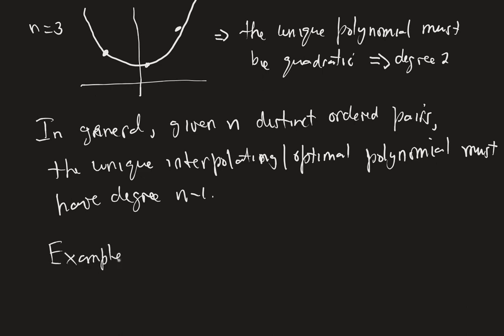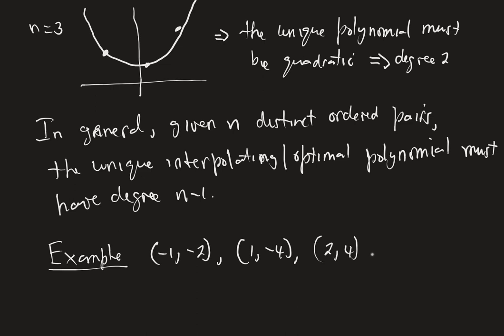I'm just going to give the ordered pairs, and let's do one with 3. So let's say it passes through (-1, 2), (1, -4), and (2, 4). That's the given information.